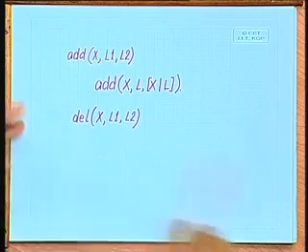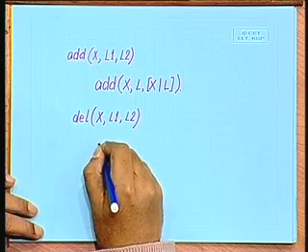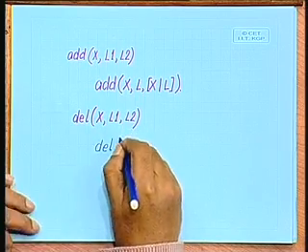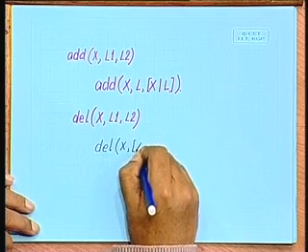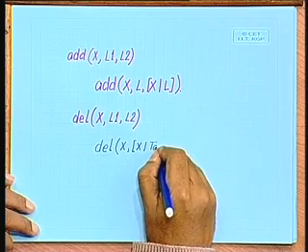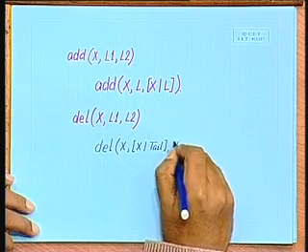So, let us first write down the termination condition. The predicate for the termination will be delete x, x bar tail, and tail.